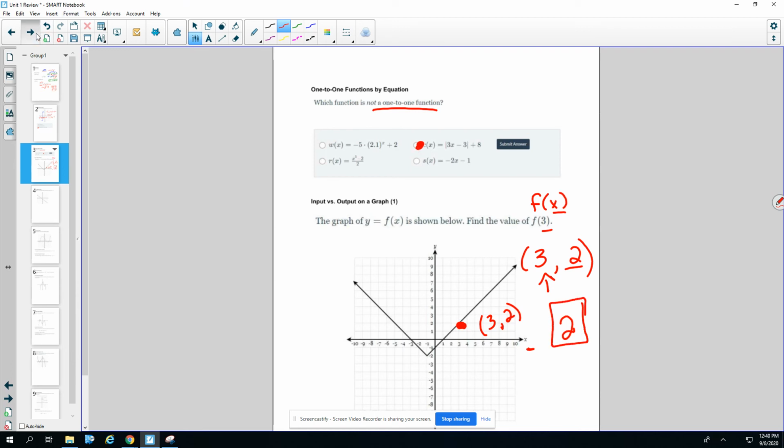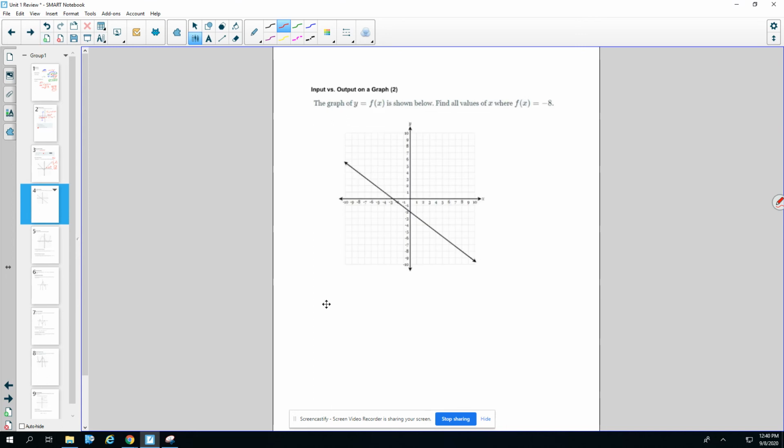So moving on to the next one. This is almost the same type of question, except now I see that I have f of x equals negative 8. We see that f of x is equal to y, so this is the y value. So I know the y is negative 8, and I'm looking for that x. So now I'm going to go to negative 8 on the y-axis, which is right here, and I'm going to go back and forth till I find that graph.